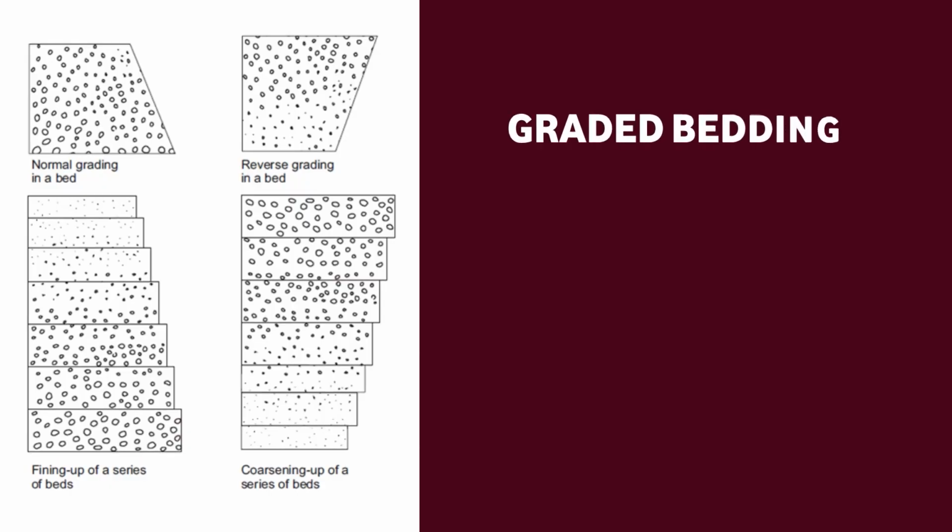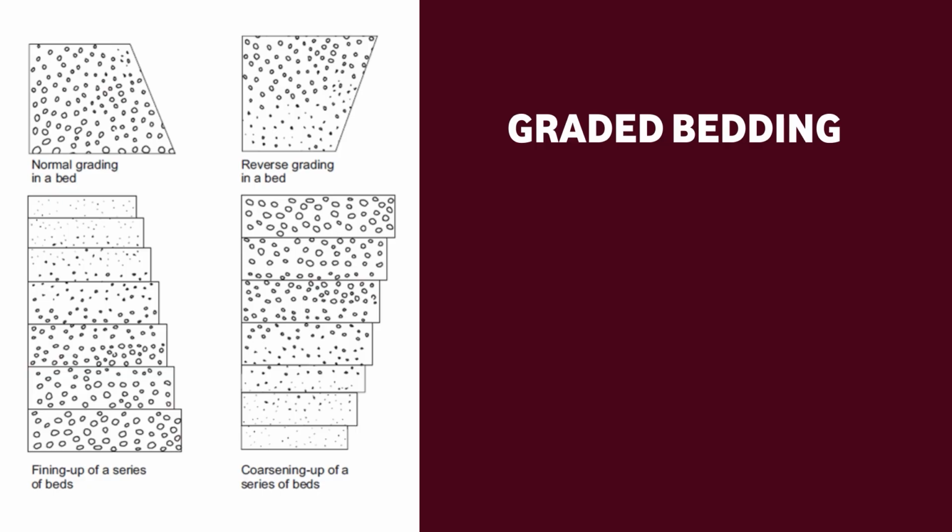Another structure which is very important in primary sedimentary structures is graded bedding. When the sediments start depositing in a particular basin, and especially when an environment becomes a little quiet, the coarser grains or the heavier grains settle faster, and the finer grains remain in suspension and settle last.